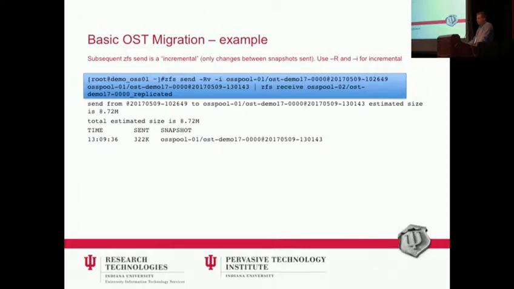You also have to provide a start and end snapshot to say, I'm interested in the changes between here and here. Then the pipe into ZFS receive is exactly the same, and you send it to the same VDEV name that you chose before. We didn't make any changes in this example, so it was an instantaneous send.